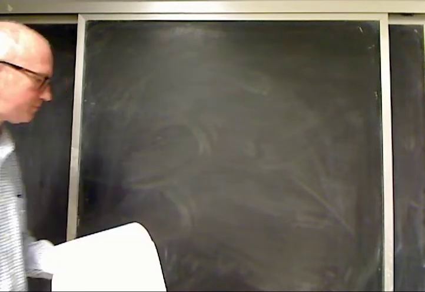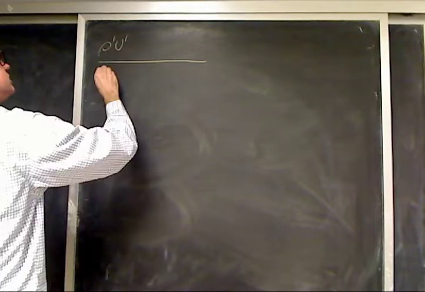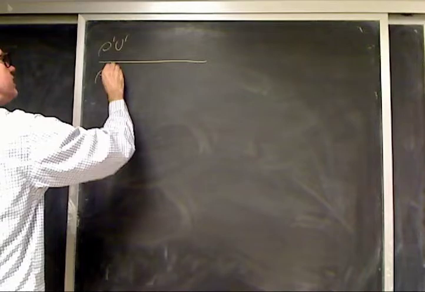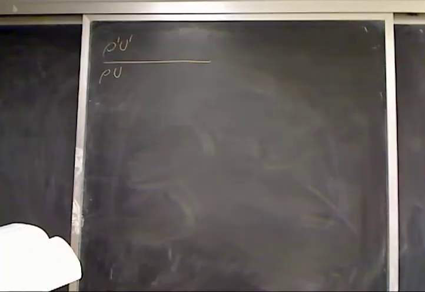Okay, so we start off with two states, rho and u, or rho prime and u prime. We start with Navier-Stokes again.